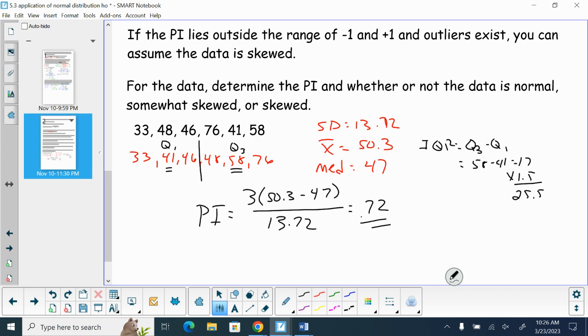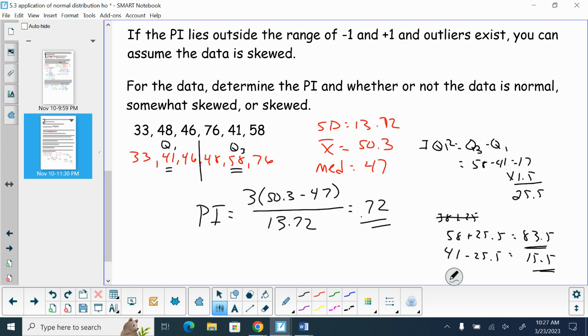We add that to my upper quartile, which is 58 plus 25.5, and subtract it off my lower quartile, 41 minus 25.5. So we have 83.5 and 15.5.